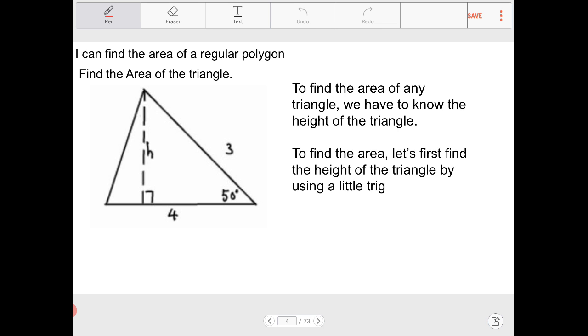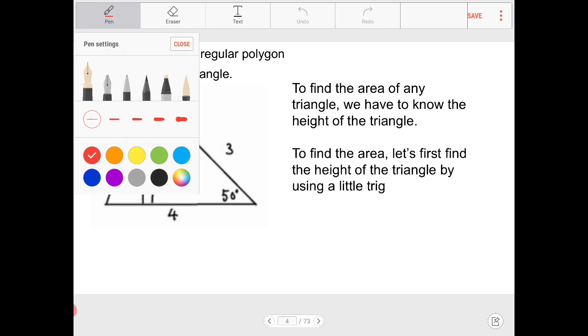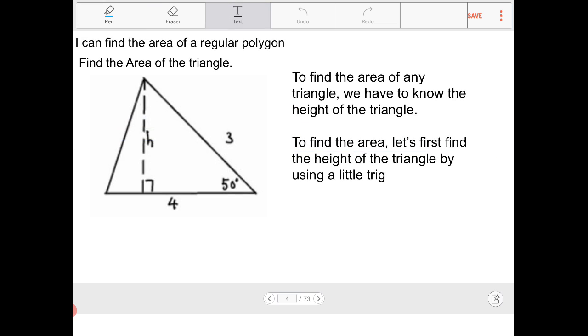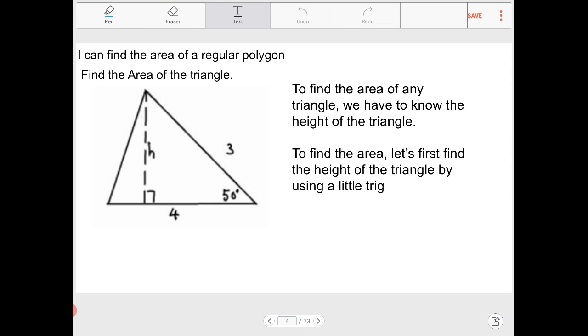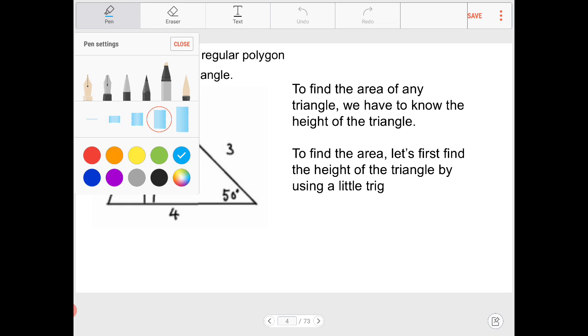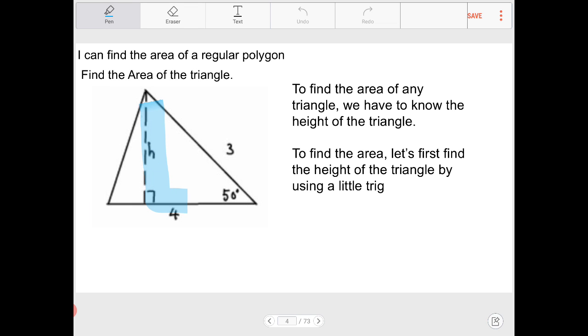By making this drawing, what I have here is a right triangle. Whenever you're problem solving in the future, you're always falling back on things you already know, or things that you're familiar with, and from there you can make further conjectures.